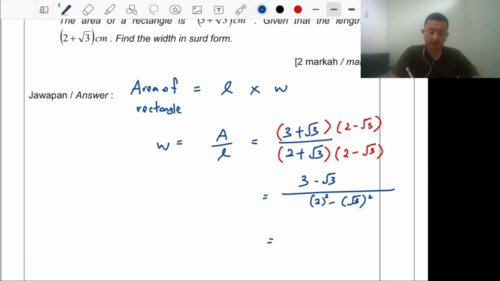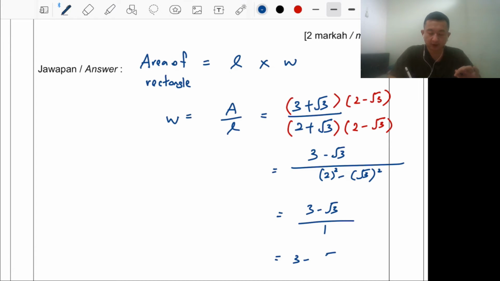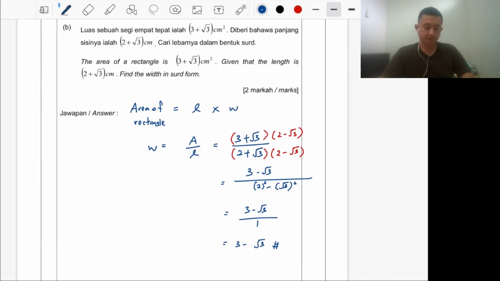And you have 4 minus 3, 1. So the final answer is 3 minus root 3. That's the final answer. So that is 10B.